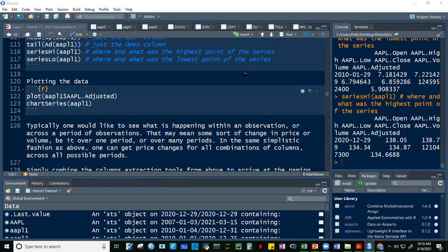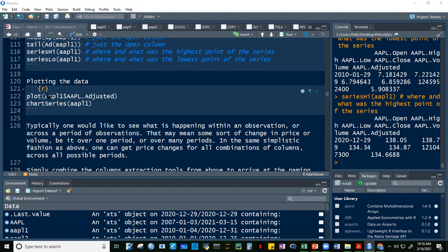Okay. All right. So, we can also plot the data, no? The plot function makes use of base R, just the R package itself. So here, if you want to plot, for example, Apple 1 and specifically just the AAPL.adjusted, the $ sign here identifies which column we want.